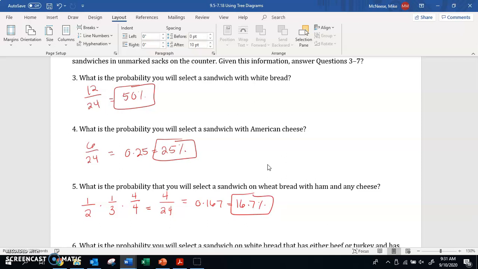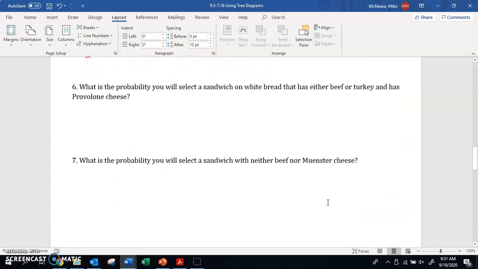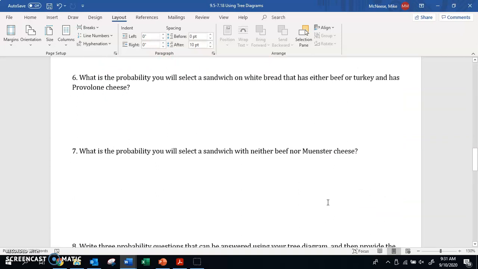Question 6 says, what is the probability you will select a sandwich on white bread that has either beef or turkey and has provolone cheese? So let's look at it. We need white bread. So out of the two options for bread, only one will work. That is either beef or turkey. So we have three meat options, but two of them are the ones we need. We need one of these two, beef or turkey.